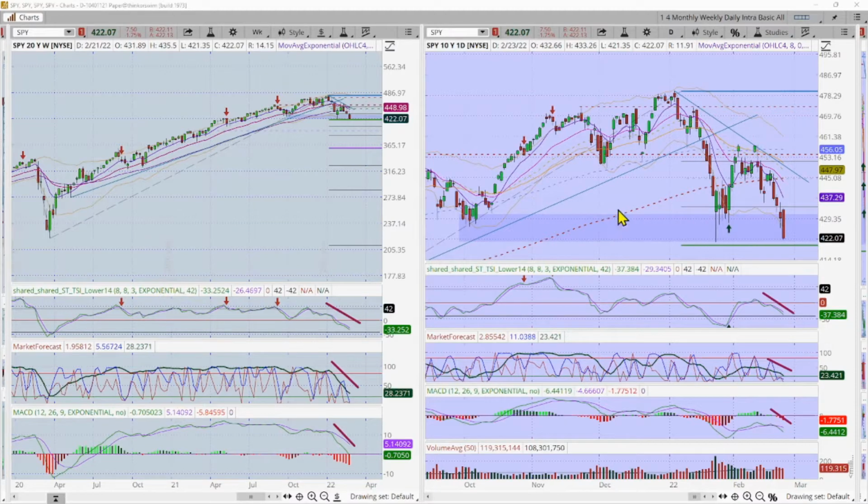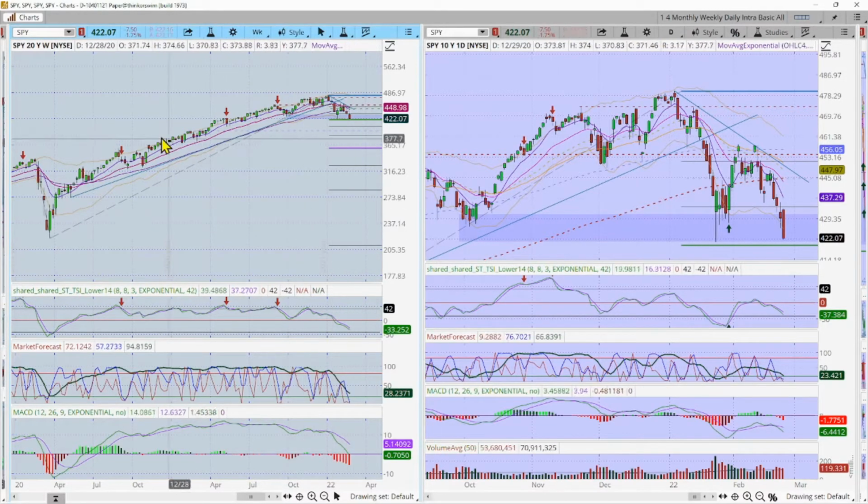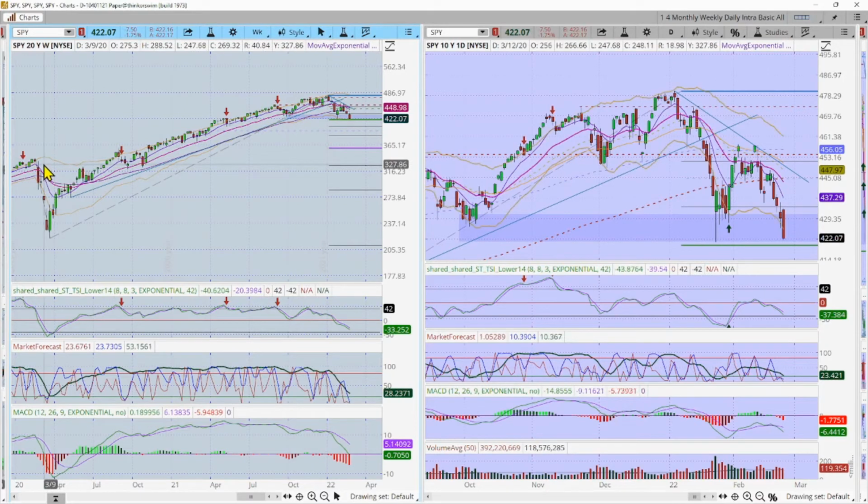So, if we break this low right there where the green line is, how much further could we potentially go? There's a couple of different ways that we can look at that. I measured from this high to this low. Now this was a 31% drop.